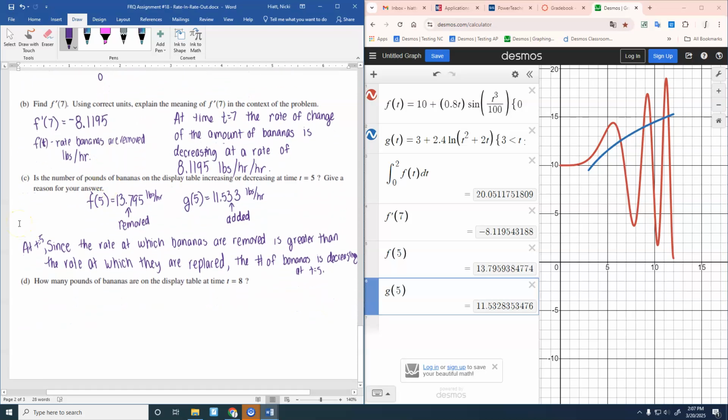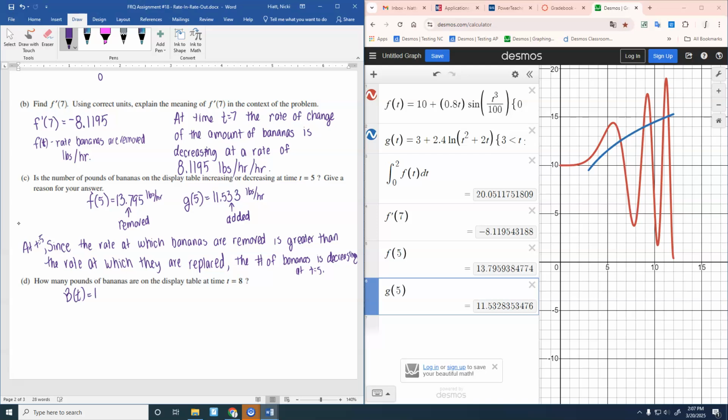Okay, and D says how many pounds of bananas are on the display table at time t equals 8. So if we're looking for the number of bananas, I'm going to call this B of t. It's a good idea to introduce a new function, label it and tell them what it is.